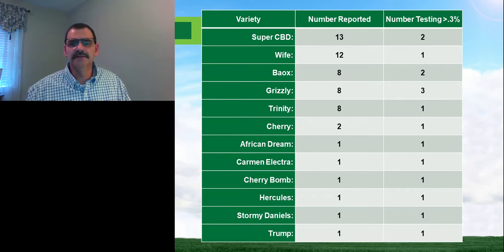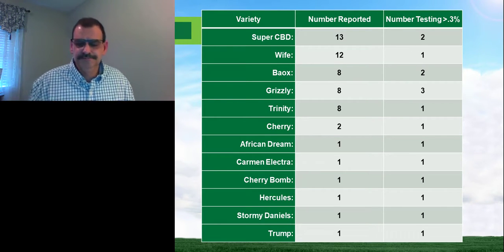And your right-hand column is the number of samples that tested above that. So you can look at Super CBD, 13 growers reported growing that variety, and 2 of those samples tested over 0.3%.